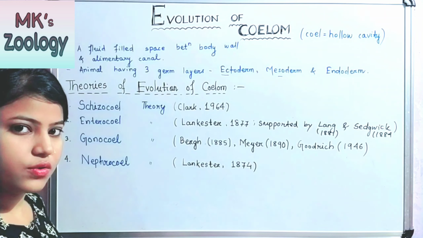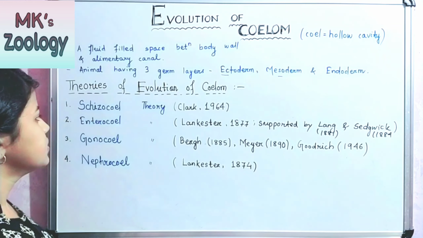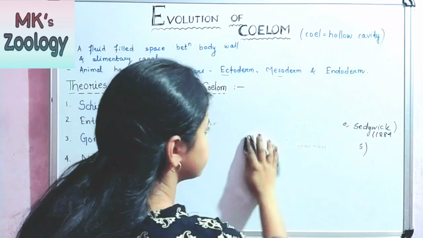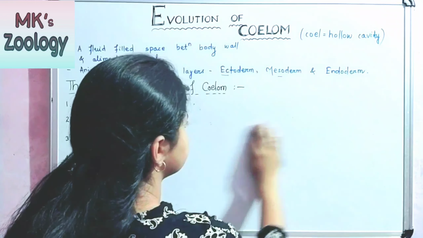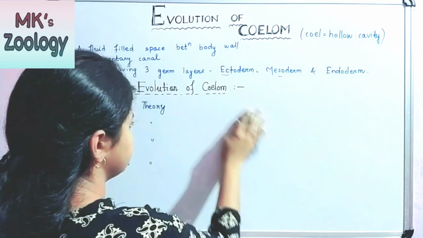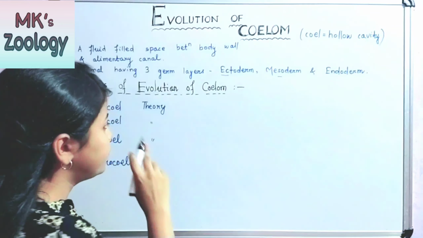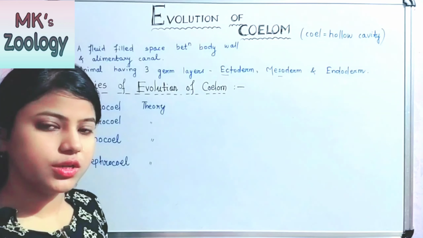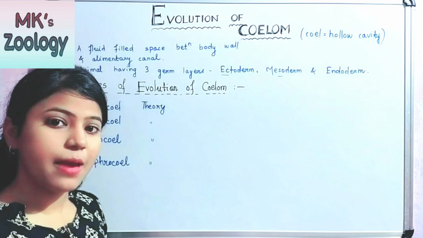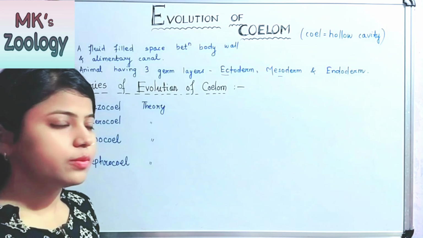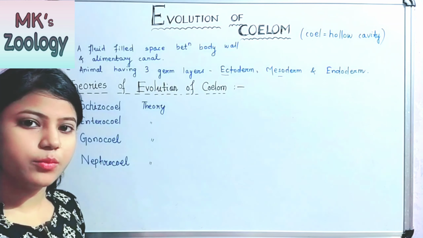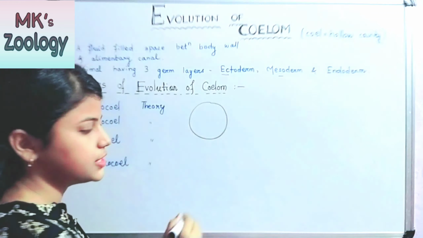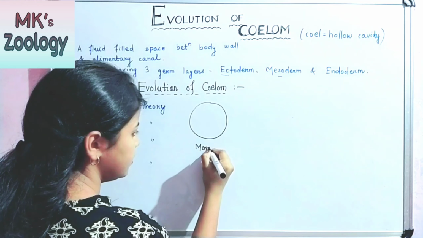Let's come to the first one, that is schizocoel theory. To know the concept of schizocoel theory, we have to remember the embryological development. What happened in embryological development? In embryological development, first morula is formed. This is morula.